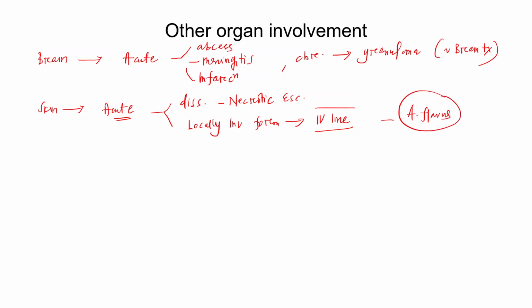I told sinus, skin, and ear; these three infections are more common with Aspergillus flavus. Chronic skin involvement is seen in the form of onychomycosis, nail infection, or external otitis.